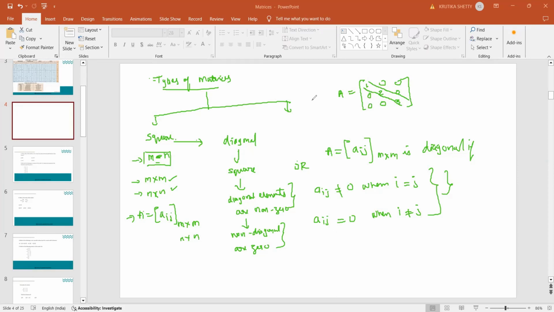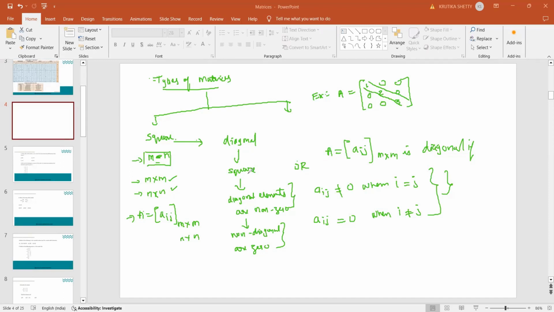So after understanding the definition, put in an example. Try to write one example on your own; I will also be explaining. So this is the diagonal matrix. We have discussed the square matrix, and now we will discuss the next type. Just make a note of the diagonal matrix.